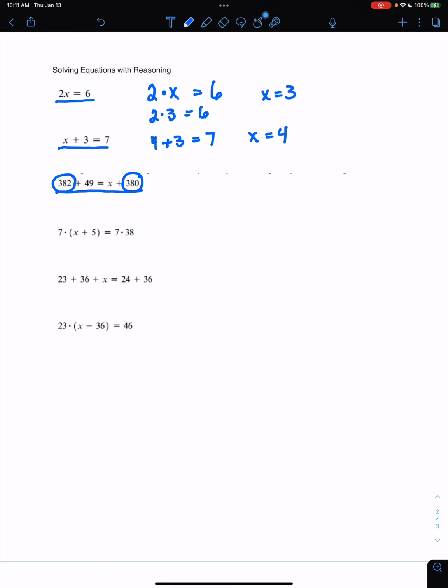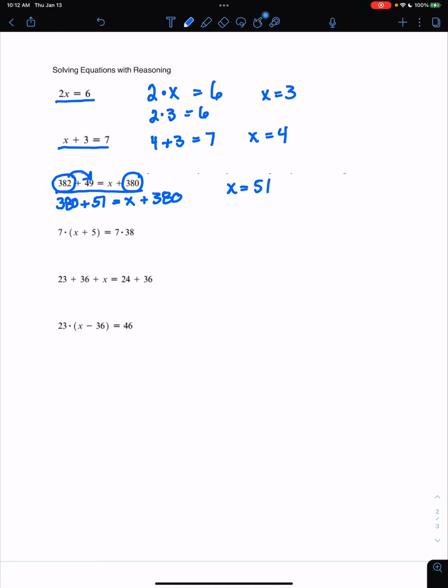The only difference is the 2 on the left-hand side. And so I can take that 2 and I can move it to the 49. So here I can change this to 380 plus 51 equals x plus 380. And I can say to myself, oh, then x must equal 51. So just with a little manipulation in our brains, we can figure out pretty easily what x equals here.